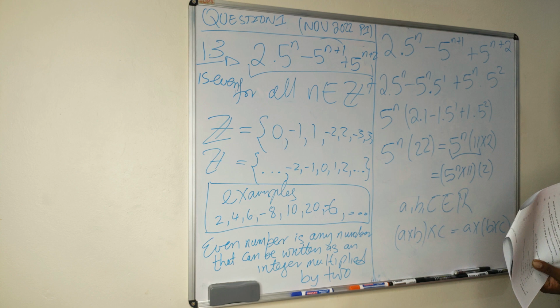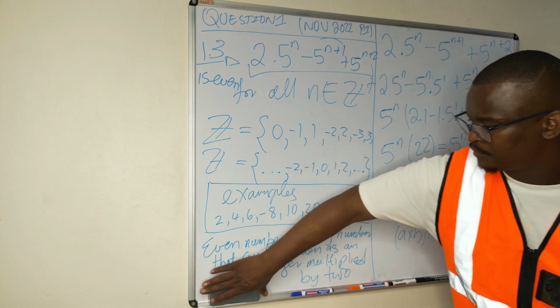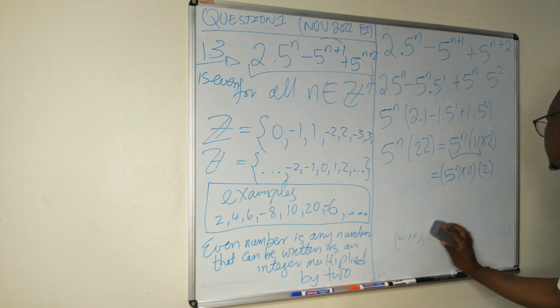So the product of real numbers is associative. I just applied that there.